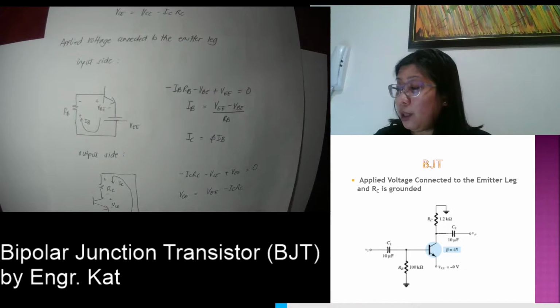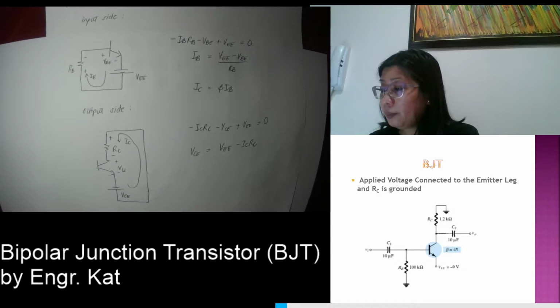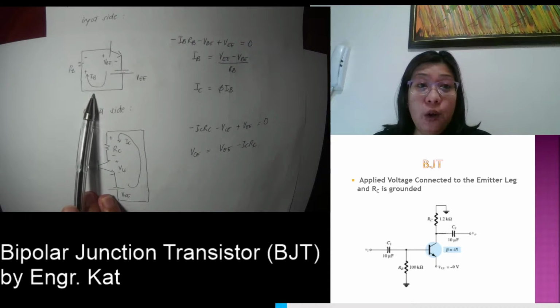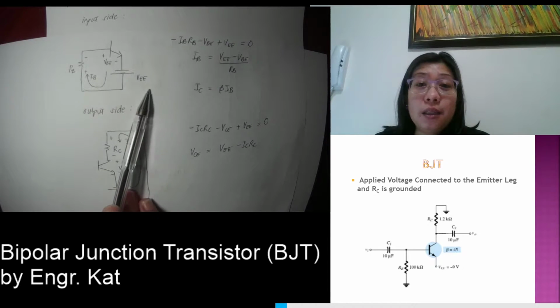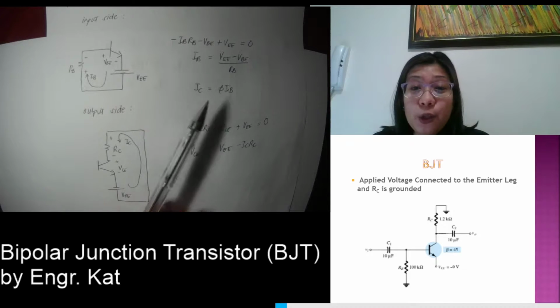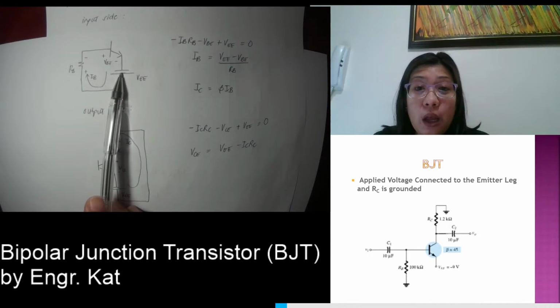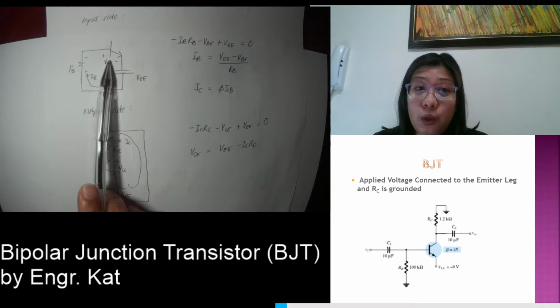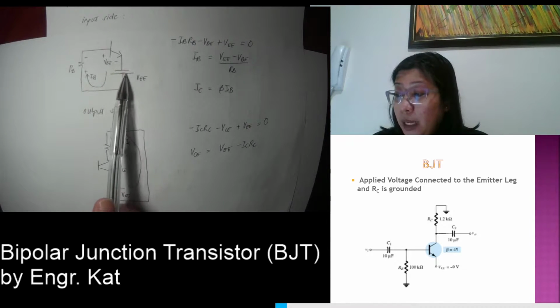From the input side, you can see that we're going to have your KVL here. Okay, since the source is written as negative, that means the negative terminal, or the shorter symbol for your voltage source, is the one which is connected to your emitter terminal. So it is minus plus here.